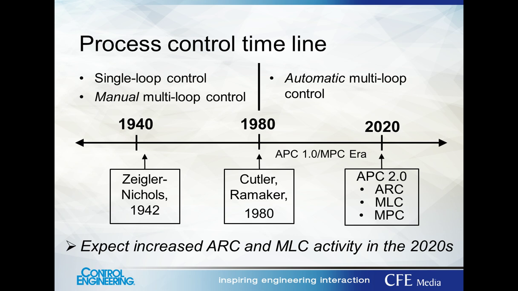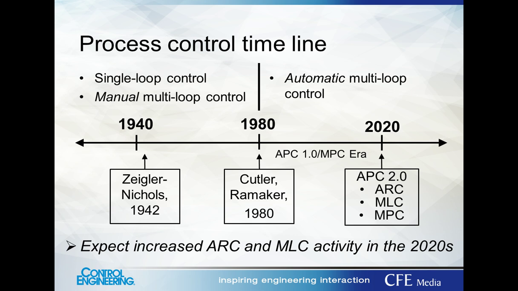So a complete process control timeline might include dozens of milestones and more than 100 years of progress, but for today's purposes, I've just got a few that I need to mention.